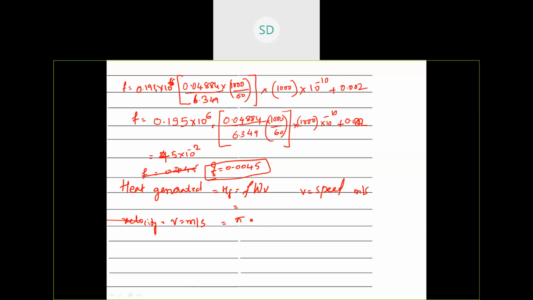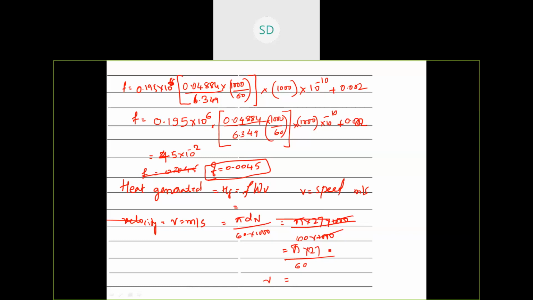So now pi d N divided by 60 into 1000. Pi, you got a diameter of 27 mm. Speed is 1000, divided by 60 and 1000. Now this 1000 gets cancelled. So the remaining thing is pi into 27 divided by 60. You will get the velocity.